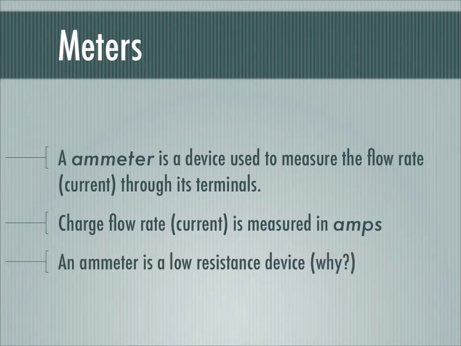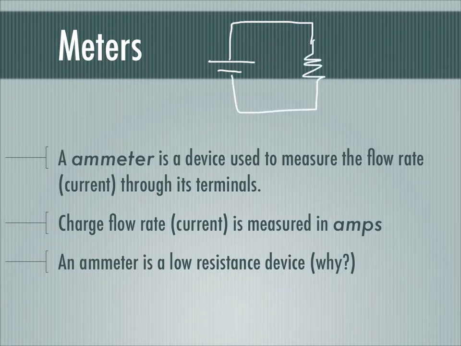Now an ammeter has to be a low resistance device because again, if I have my battery, I'm going to do it wrong, so let's say I have a resistor here. So what would happen if I put the ammeter like this? Well, I don't want charge flow to go through the meter this way because notice what's happening?